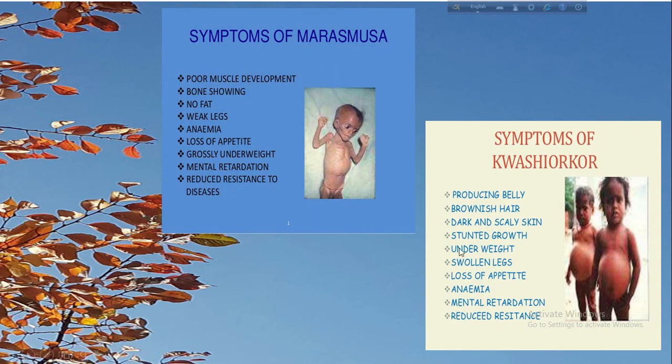So at a glance, follow the symptoms of marasmus disease: poor muscle development, bones showing, no fat, weak legs, anemia, loss of appetite, grossly underweight, mental retardation, then reduced resistance to diseases.